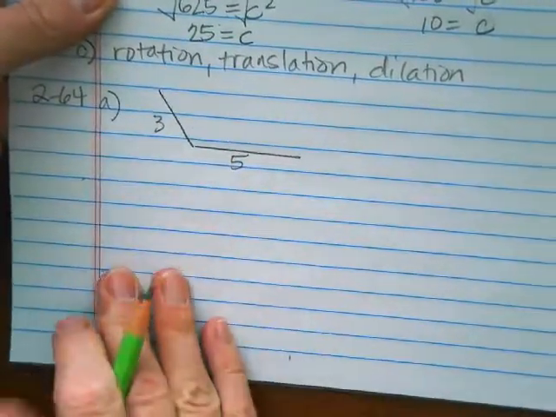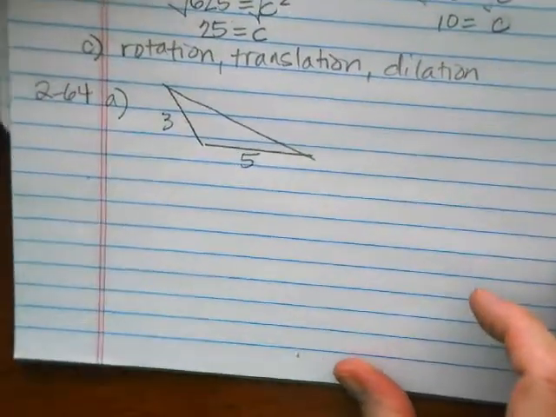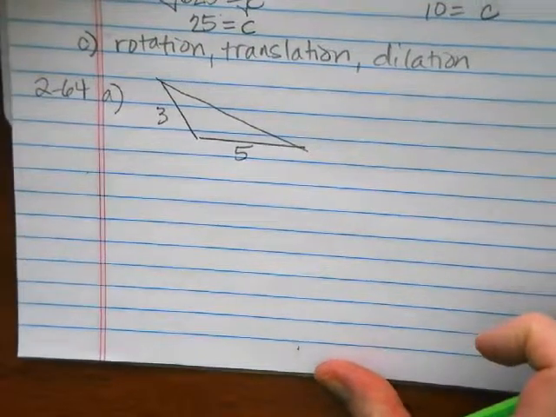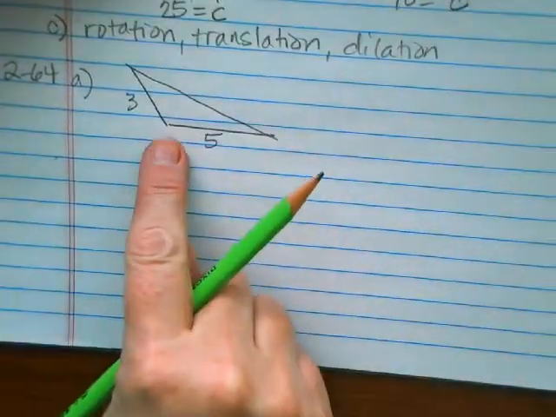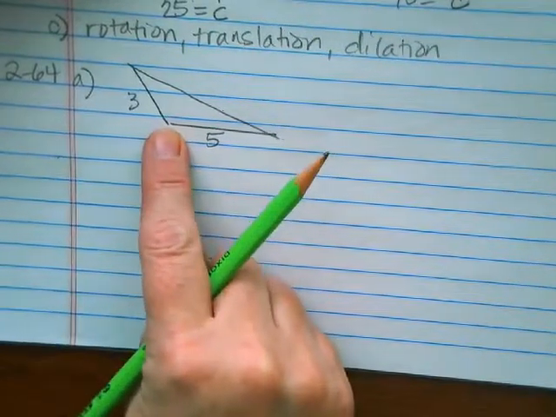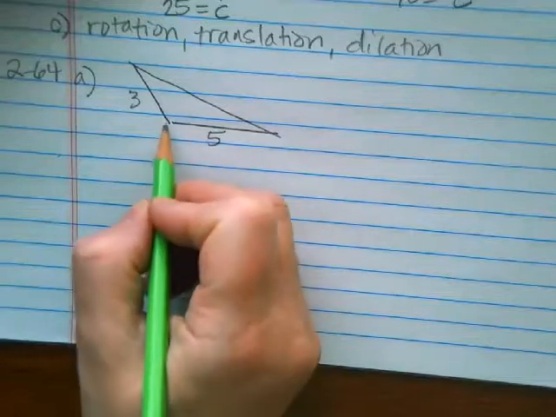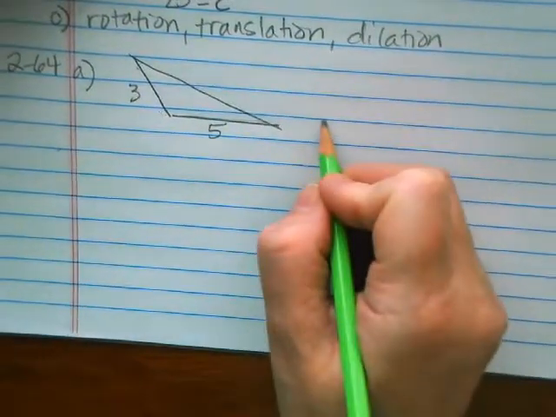There's an e-tool that goes with this, but I don't think I can flip to it at this point. I have to use a different little recorder if I record from the computer screen. But I think we can visualize it just with me drawing it. If I have two sides of a triangle, one is 3 and one is 5, I'm going to put those next to each other.